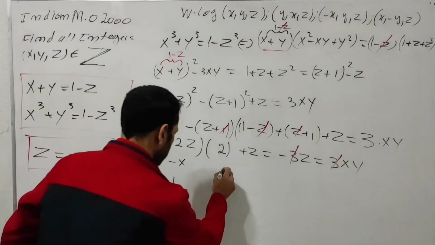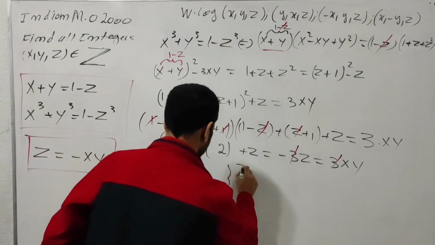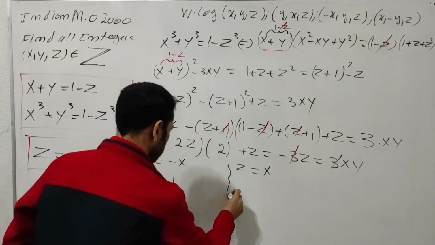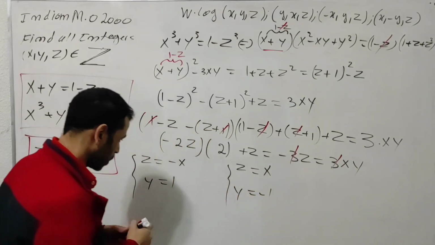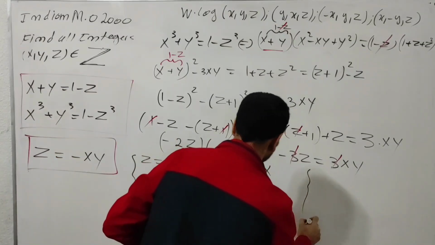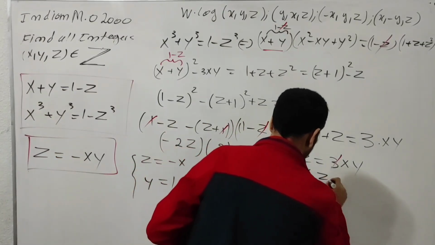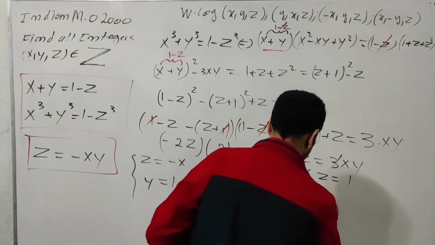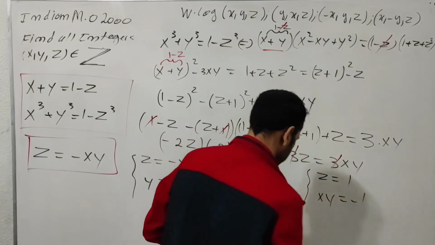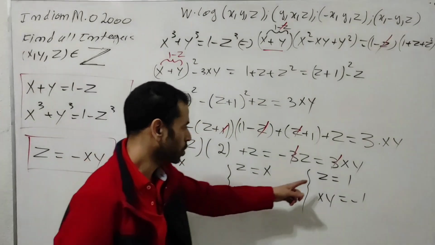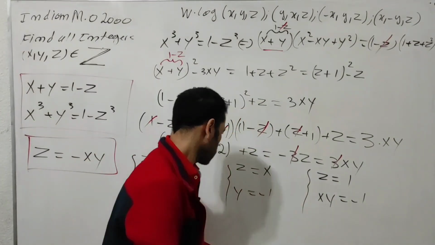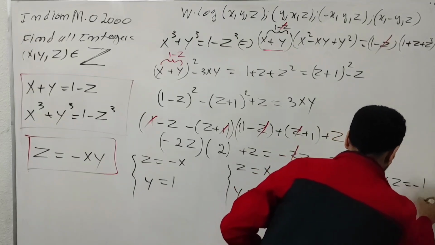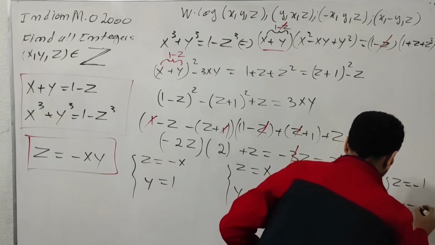For the second possibility, I take z equals x and y equals minus 1. The third possibility is z equals 1 and xy equals minus 1, because z equals minus xy. And the fourth possibility is z equals minus 1 and xy equals 1.